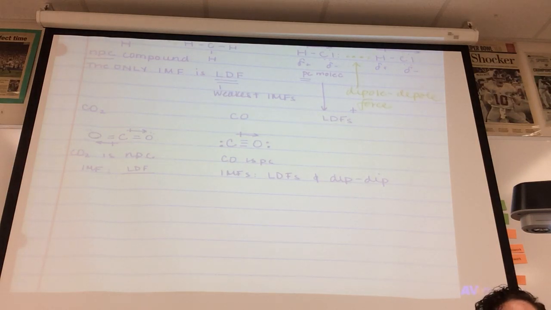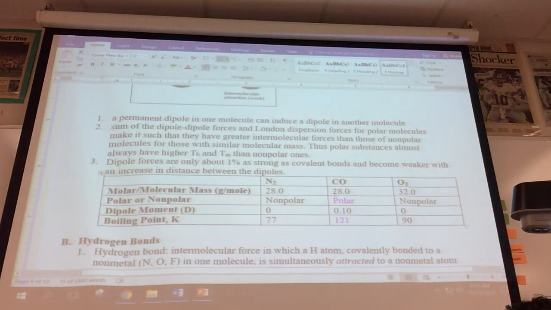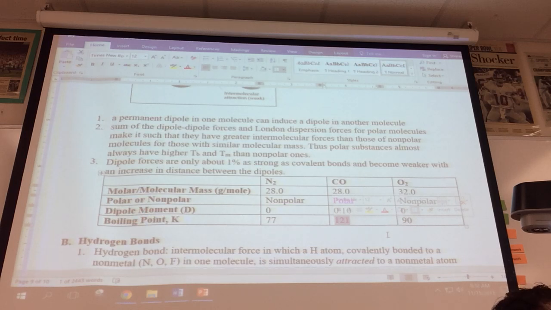And so if we examine boiling and melting points for polar compounds compared to nonpolar compounds, you will see the following. Which substance has the highest boiling point? Carbon monoxide, the polar one, and that's because it has not only LDFs but also dipole to dipole.